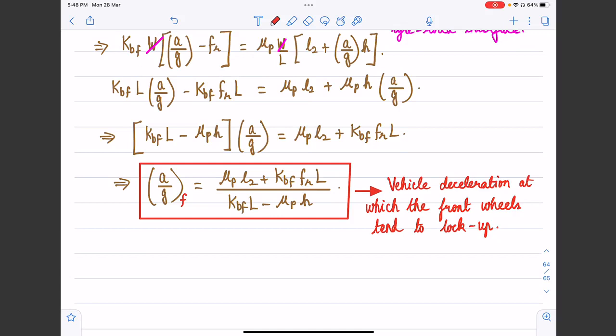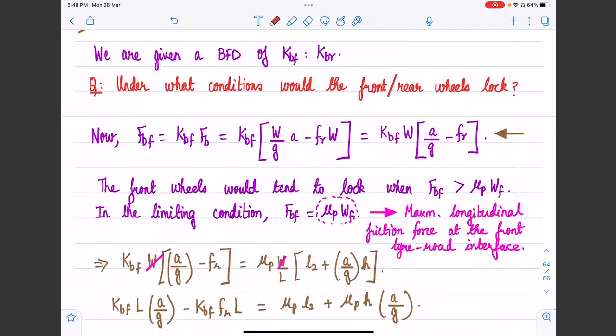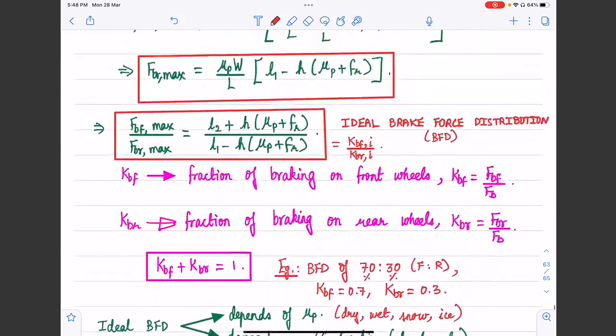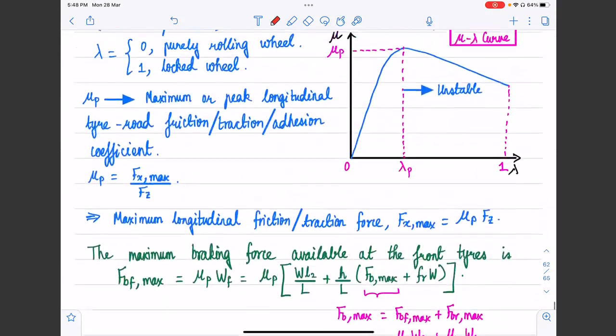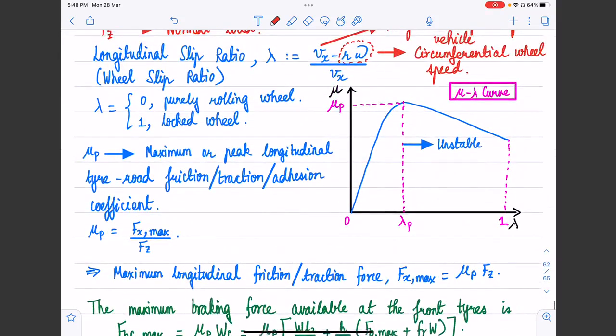Sir, how do we find out this graph of mu versus lambda? Good question. This is a very useful graph for explaining the concept, but in real life, how do we get this? As I mentioned, the mu lambda curve depends not only on the type of road surface but also on other things, which we will discuss in the next class or in a couple of classes.